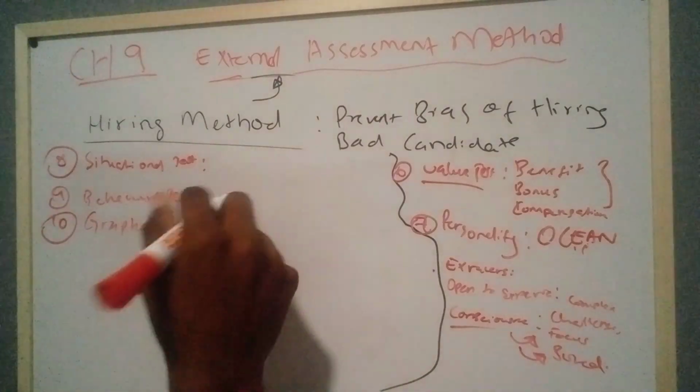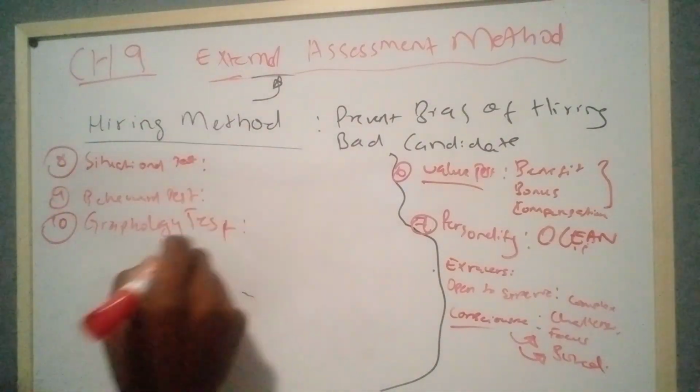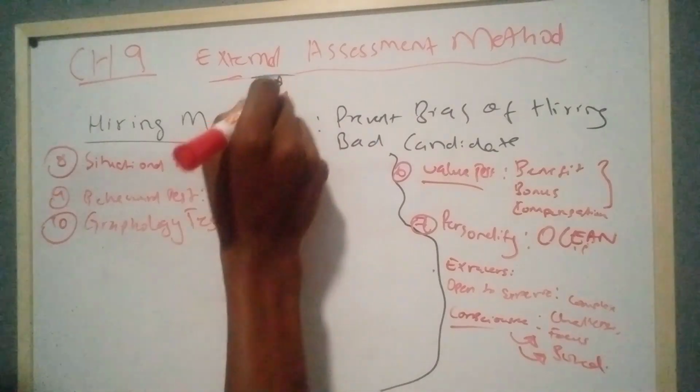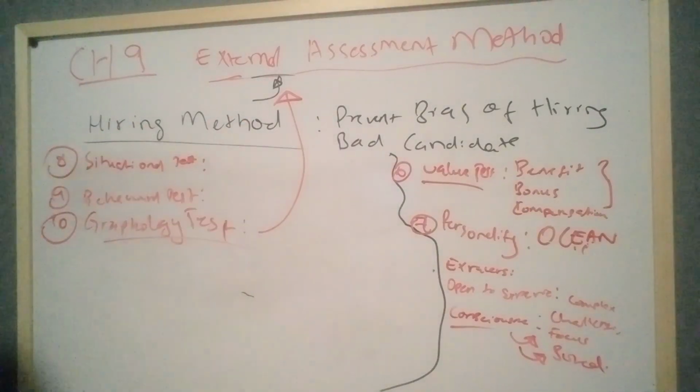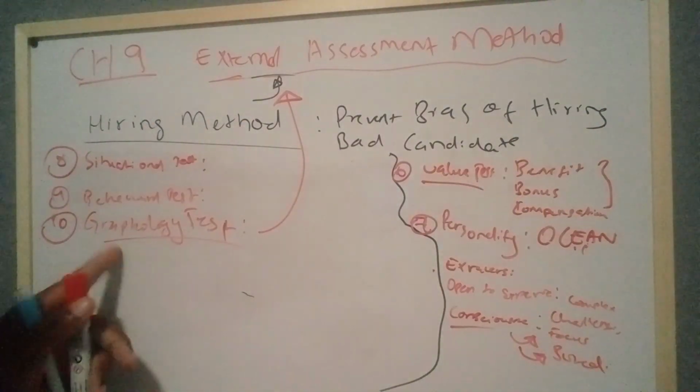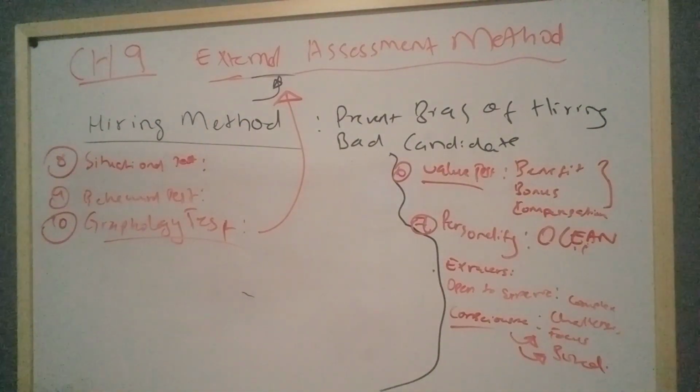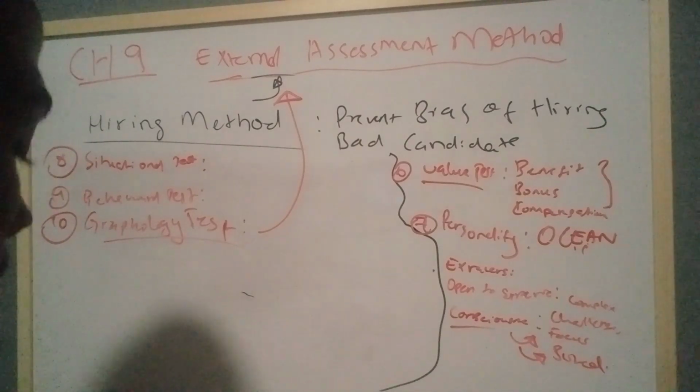So that is not a valid test that you can use as an external assessment method, because we don't know whether handwriting leads to a certain performance, right? But it is there in the hiring methods. It is there, but here graphology is like the non-existing assessment method.